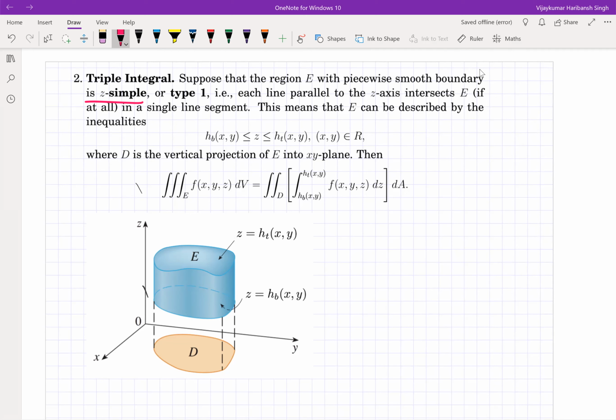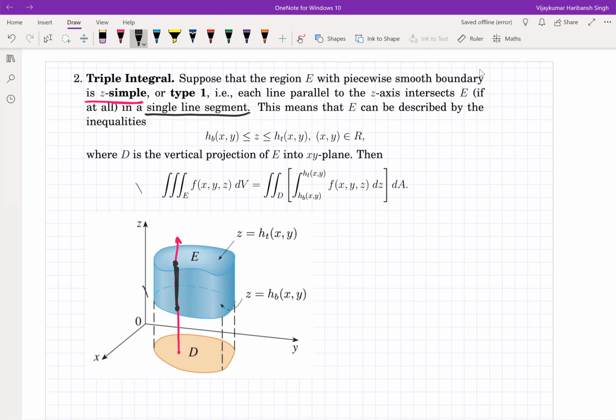Suppose I'm given this solid, and I want to decide whether it's z first or not. What happens is the following. We call a region z simple if every line parallel to the z axis, its intersection with the solid has to be a single line segment.